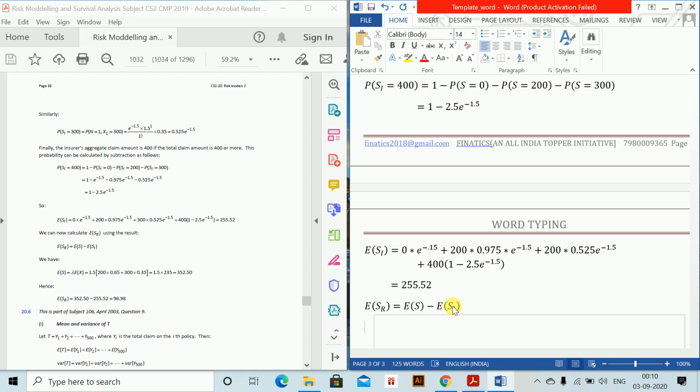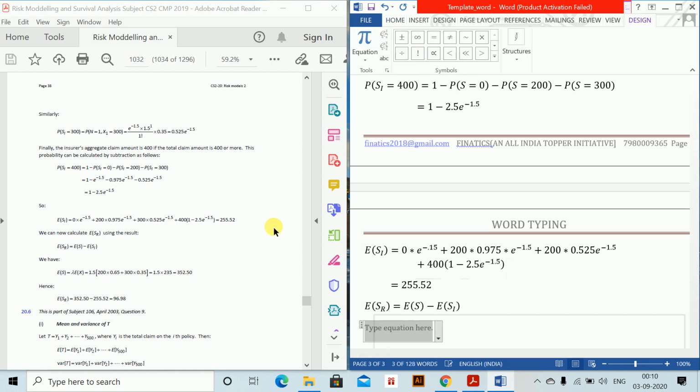Hence the expectation of S_R is equal to the expectation of S minus the expectation of S_I. The expectation of S is then equal to lambda times the expectation of X, which is equal to 1.5 times (200 times 0.65 plus 300 times 0.35), which is equal to 352.50.